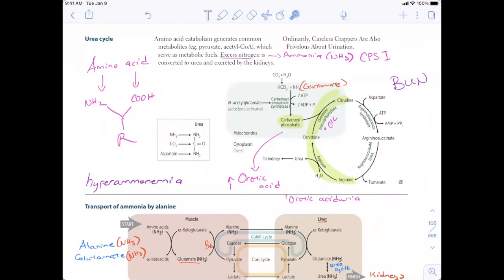Which is your NH3. So that's how it gets into your urea cycle, right? You have ammonia, which is NH3, and this could be in the form of glutamate that comes in, right, with the help of the enzyme CPS1. You generate carbamoyl phosphate, and then you go through the urea cycle, and the end result is you get urea that goes to the kidneys.